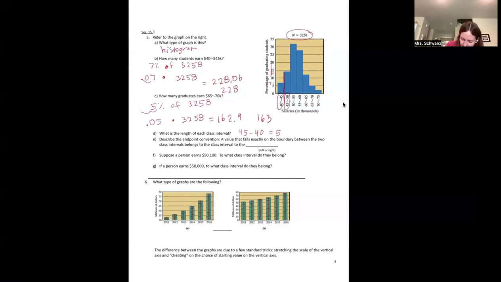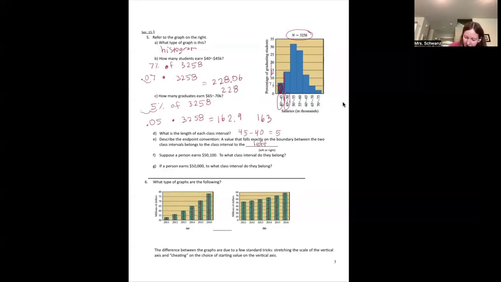And the answer is they're going to be counted in the lower group, this group over here, because this includes 45,000, and that's why the next one says 45 plus, because it means more than. You have to be more than 45,000 to fit in this bigger group. So they're going to be included in the one on the left.